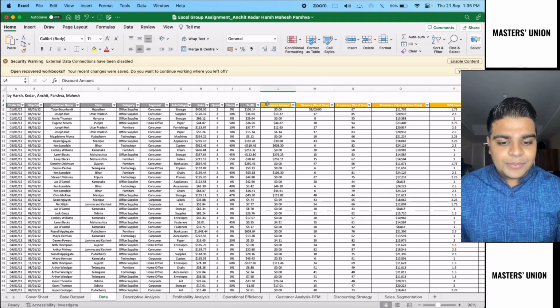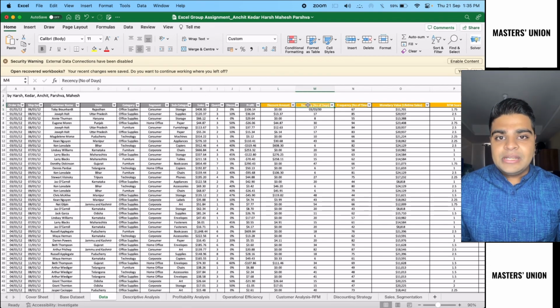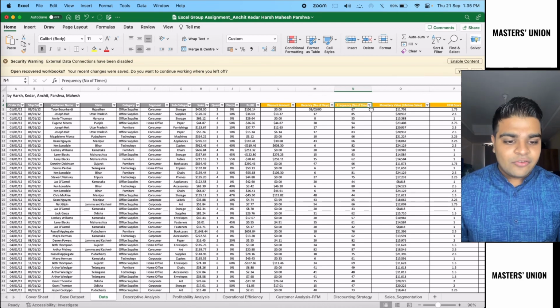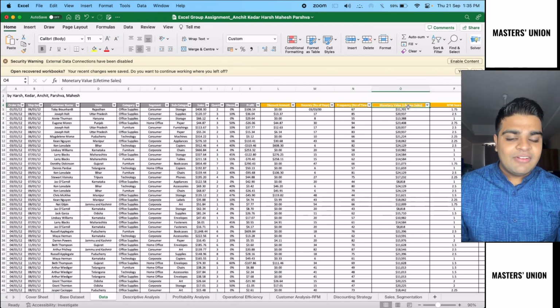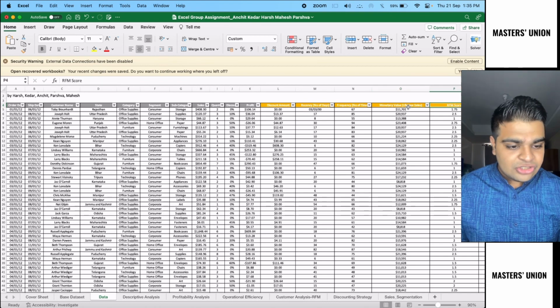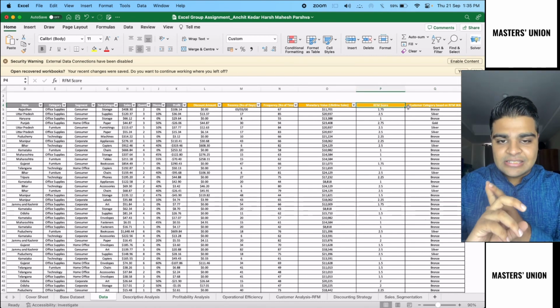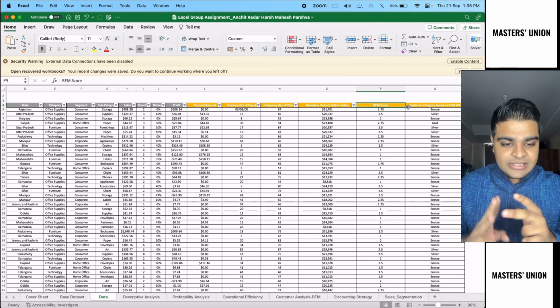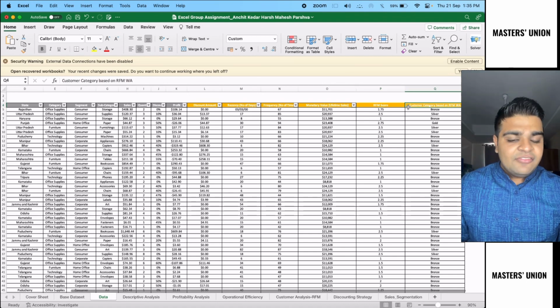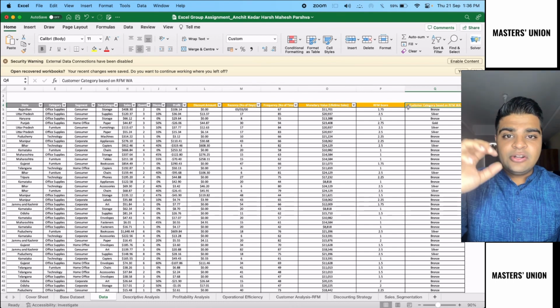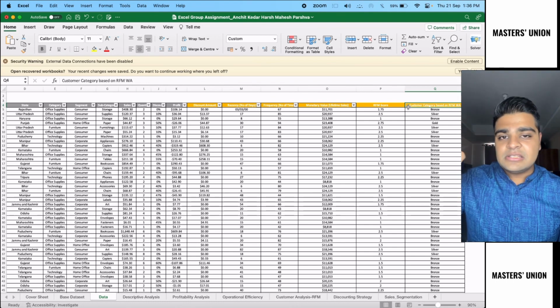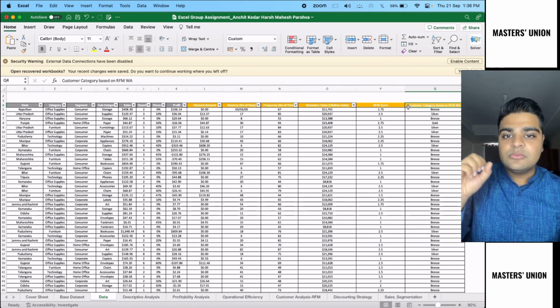First, we have obtained the discounted amount, then the recency, that is the number of days, then the frequency, then a monetary value, which is the lifetime sales of a particular customer, then the RFM score, which is a combination of three things, recency, frequency and monetary, and then we have assigned a customer category, that is what kind of customer it is, whether a platinum, gold, bronze or silver customer.